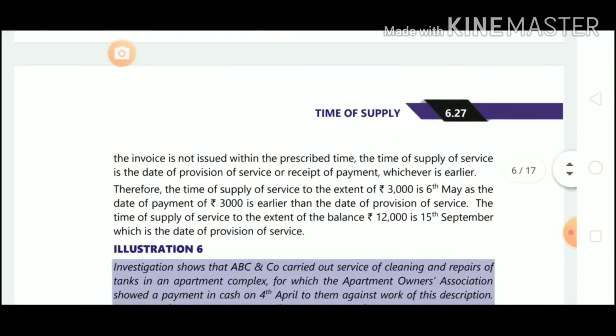Therefore, the time of supply of service to the extent of rupees 3,000 is 6th May, as the date of payment of 3,000 is earlier than the date of provision of service. The time of supply of service to the extent of balance 12,000 is 15th September, which is the date of provision of service. Clear?